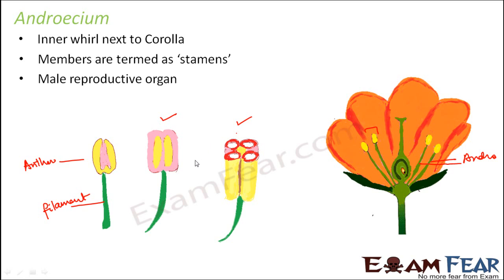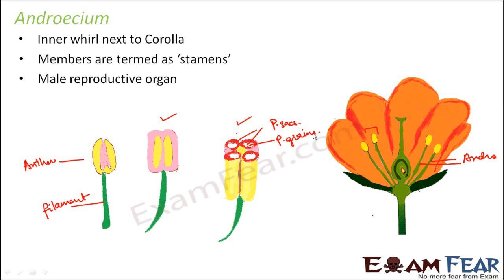If you look from the back side, you see that inside the anther you have these pollen sacs, somewhat like this. In the cross section, you see some sac-like structure, some container type of structure. There are four pollen sacs present here, and inside these pollen sacs are present the pollen grains, and pollen grains are nothing but the male gametes or the male sex cells.